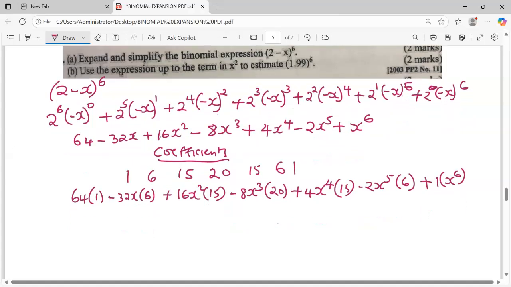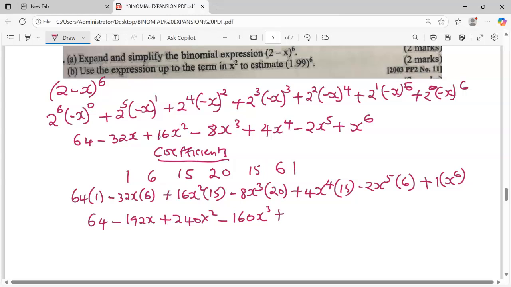We can now move down and get 64 minus 32 times 6 will give us minus 192x. Next we are going to have a plus 15 times 16 will give us 240x squared. Next a minus 8x cubed times 20 will give us 160x power 3.